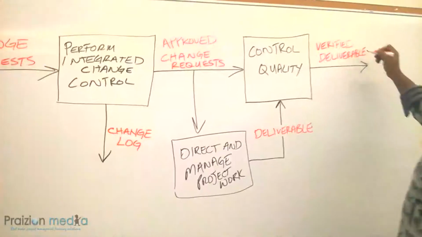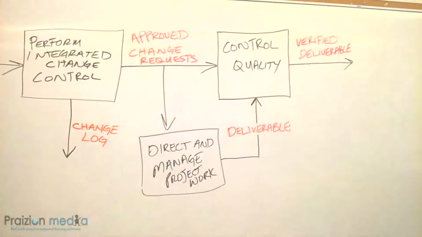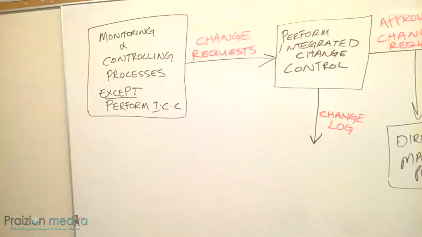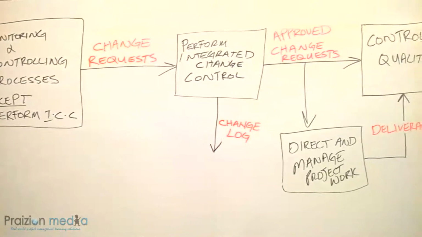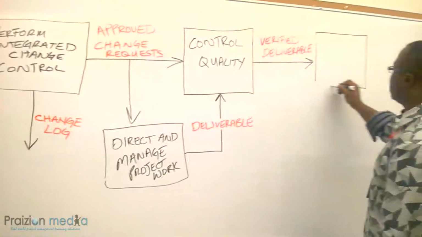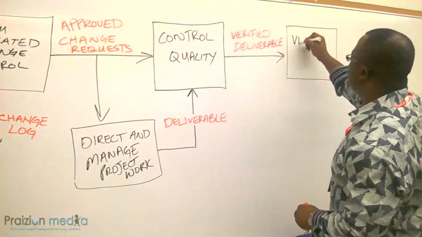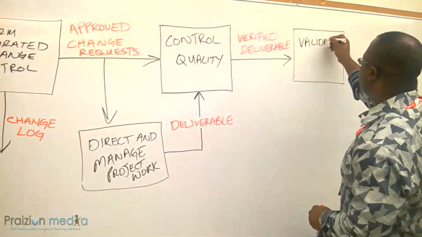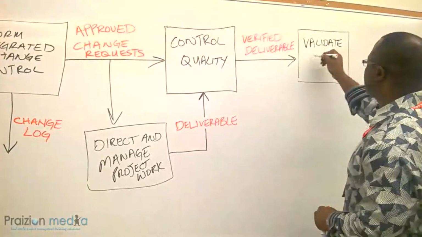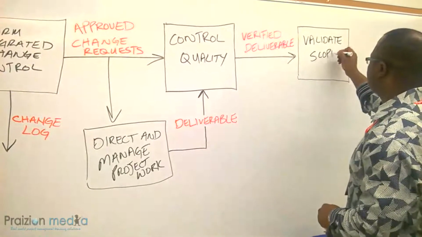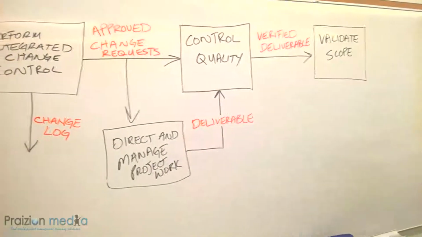Okay, so see the big picture? It's then going to become an input to another process, which is called validate scope. You see how it's all unfolding?